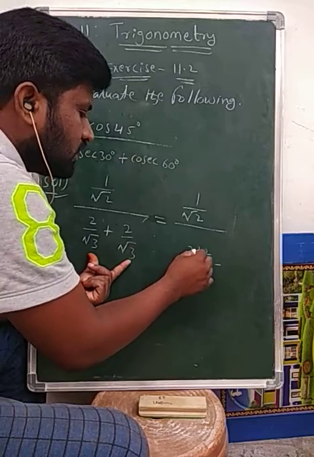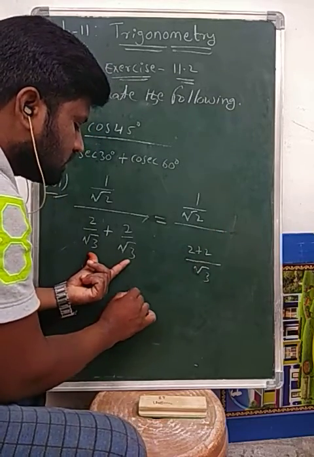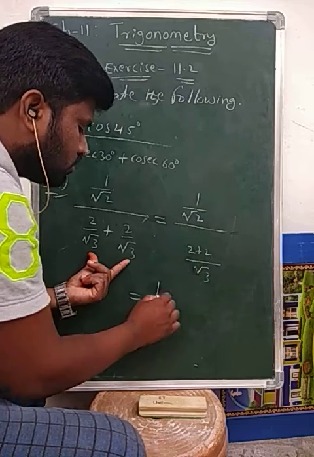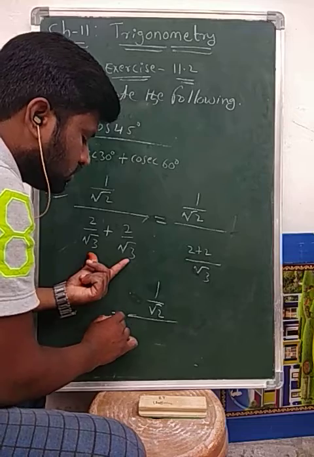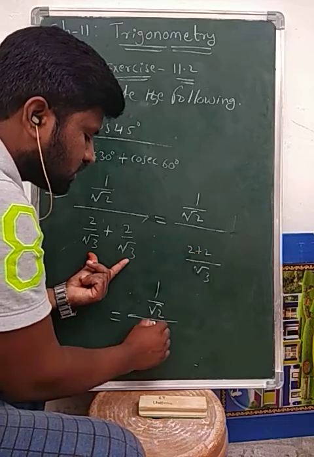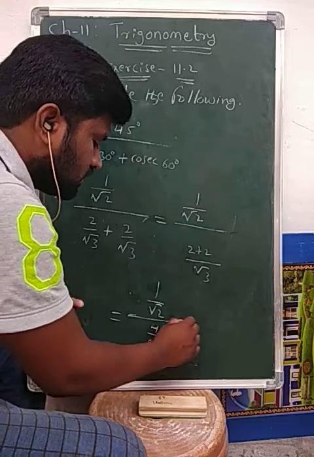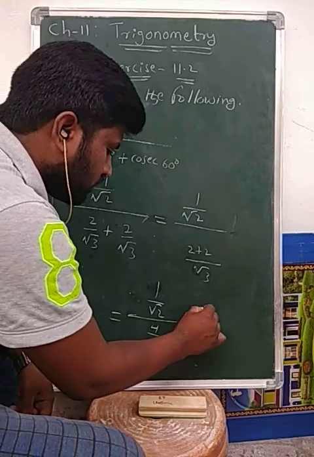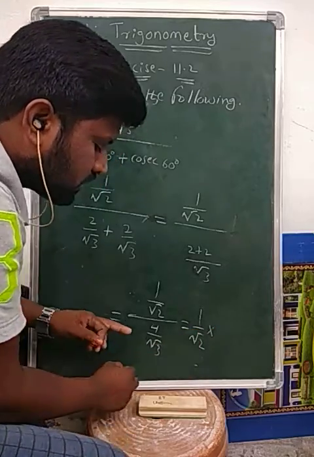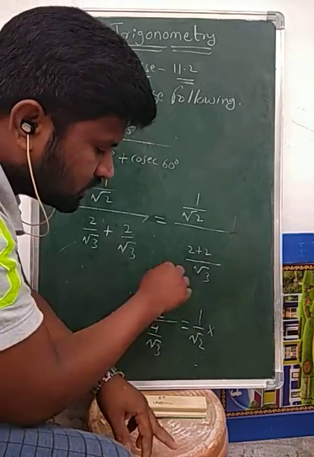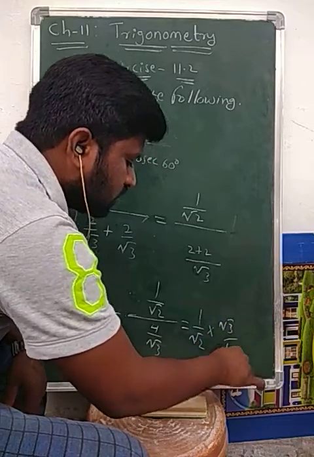In the next step we can write it as 1 by root 2 by 2 plus 2, that is 4 by root 3. Then 1 by root 2 is multiplied by the reciprocal of 4 by root 3, that is root 3 by 4.